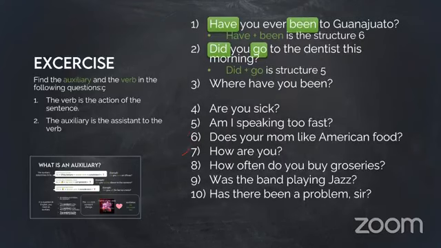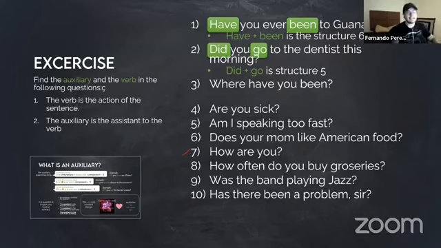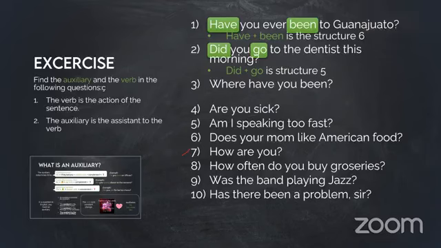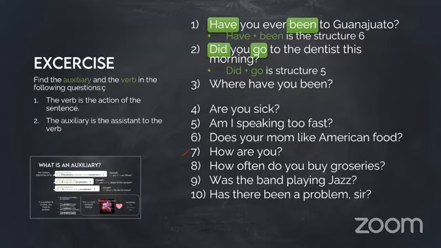The auxiliary is, I think, have and been. Is that the auxiliary? Is that the verb? Or which one is which? The auxiliary is have. The verb is been. Very good. Where have you been? I have been in my house.